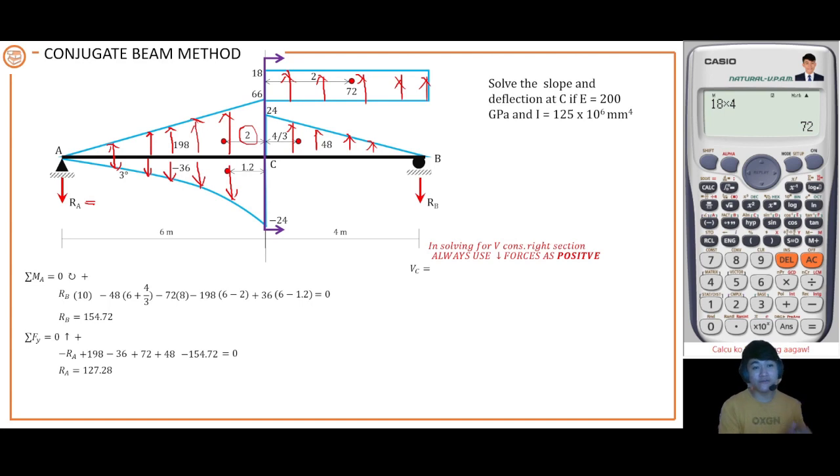However, if it is from left to right, upward should be positive and downward should be negative. So you just have to reverse the sign convention. Since we are considering the right section and solving the shear at point C from right to left, downward forces are positive.